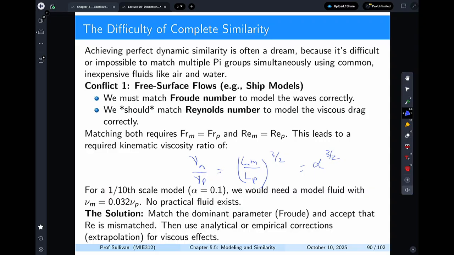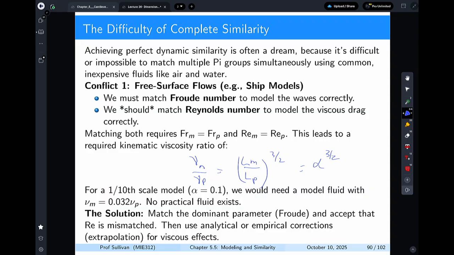But cigarette smoke was also really popular to try to match it. But the idea here is that we don't have the capability to actually achieve something like this, not in a model, or not in an experiment. So match the dominant parameter and accept that Reynolds number is mismatched.